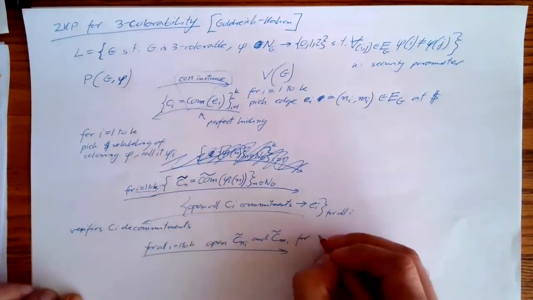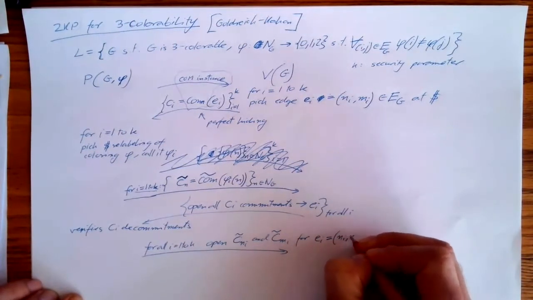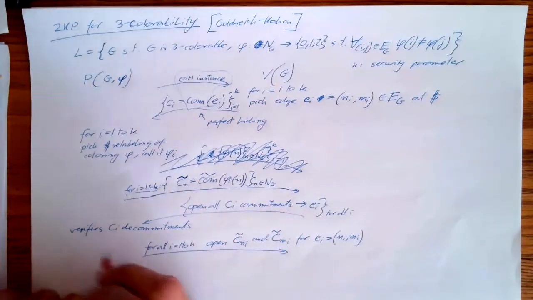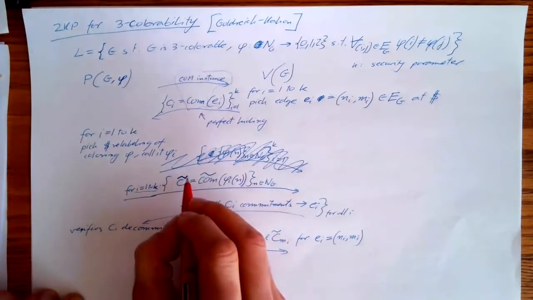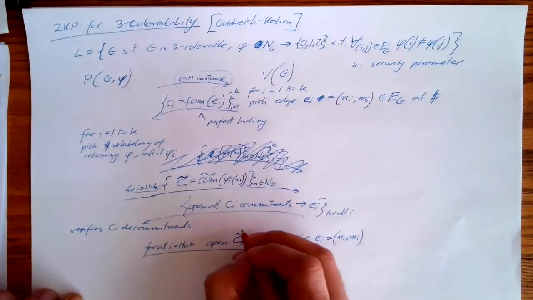So if the ith edge is N I M I, then the prover is going to open the commitments to the coloring of these two nodes.